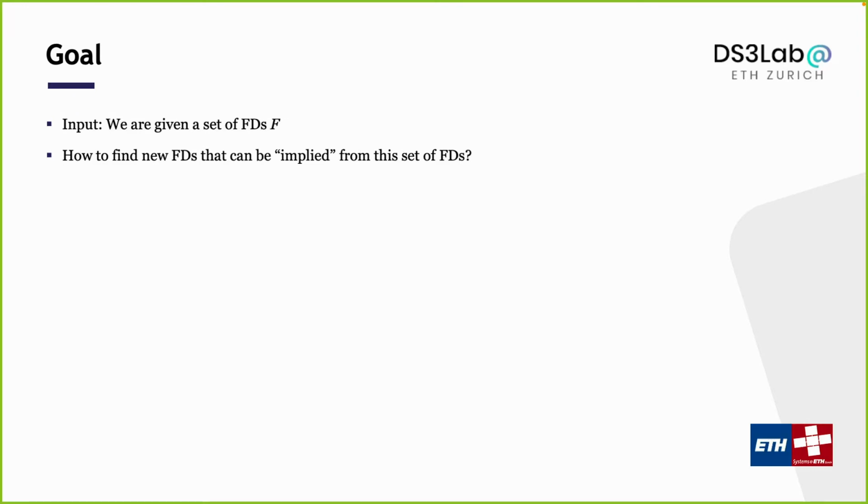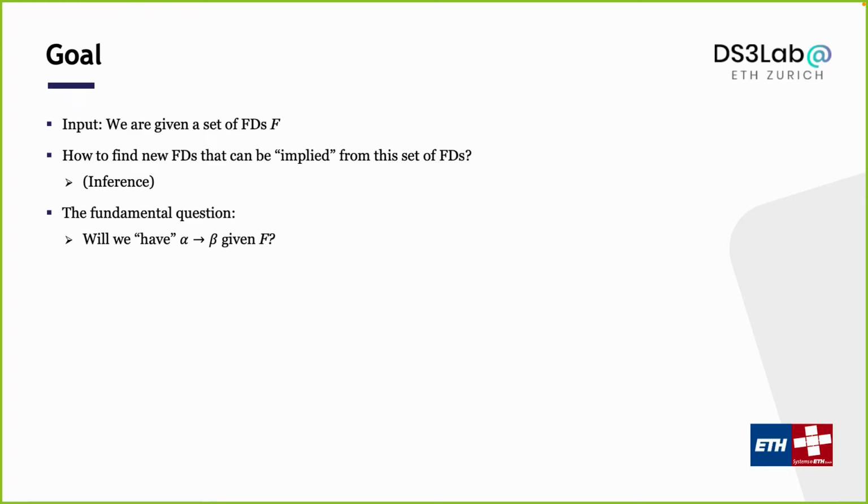What we want to do is find new functional dependencies that are not in this input set, but are implied by the input. If your input holds, then this new functional dependency, even though it's not in my input, will also hold. That is what we are trying to do by talking about inference.